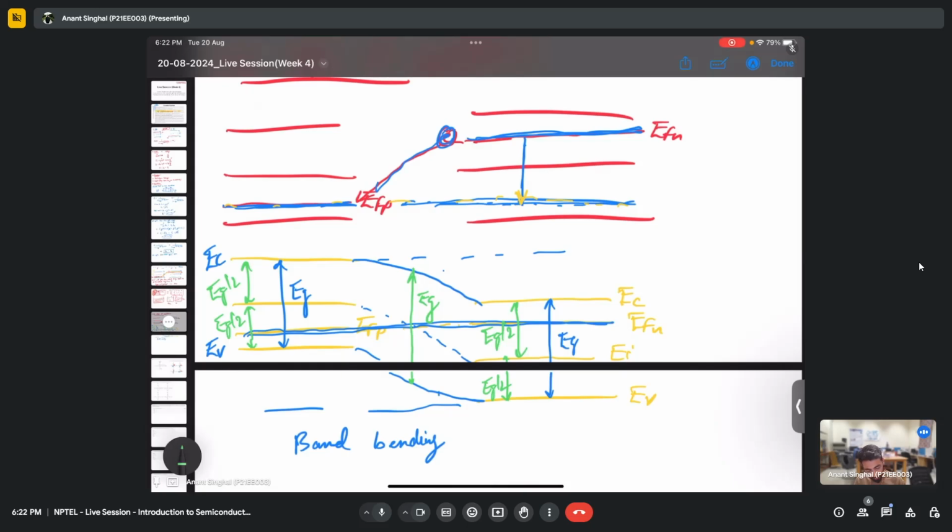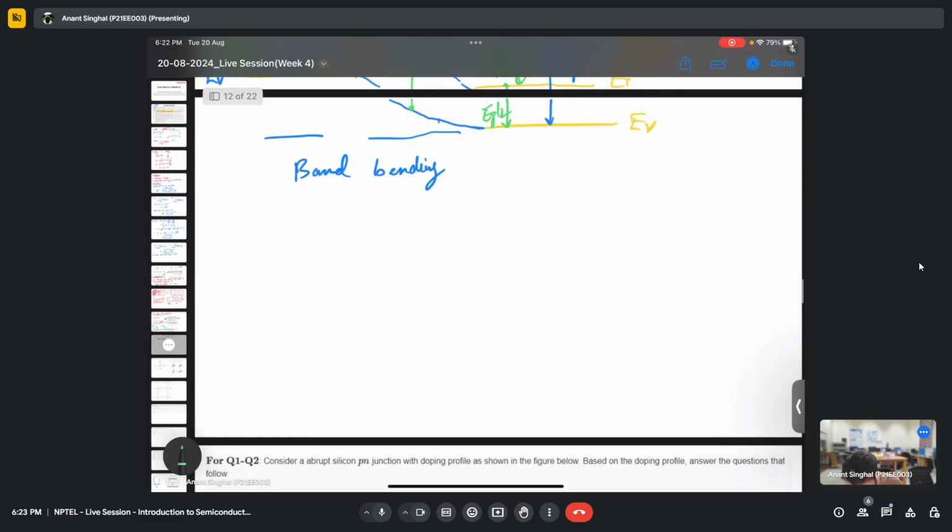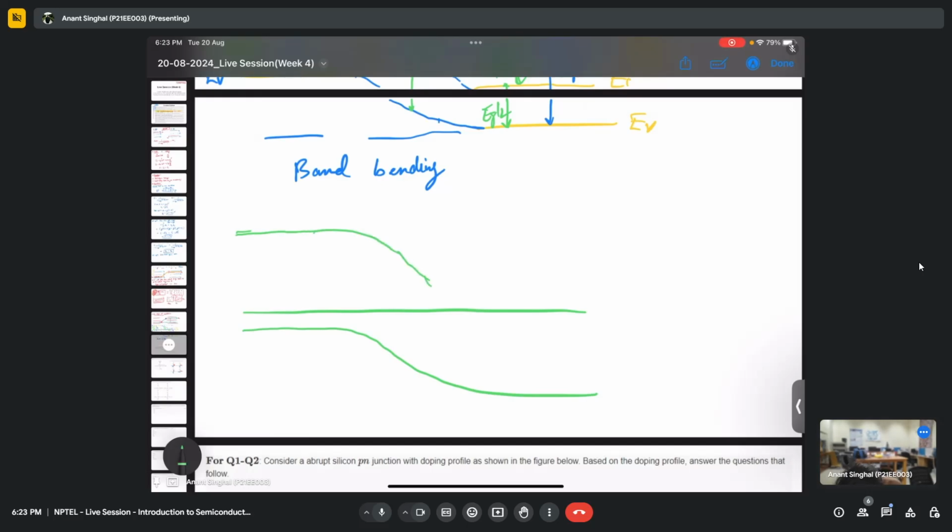So what I have done is I have just aligned the Fermi levels for the P type and the N type, and we have got some bending. If I make a single diagram, let's say this is the energy level. Since this is P type, this is EC and EV for the P side.